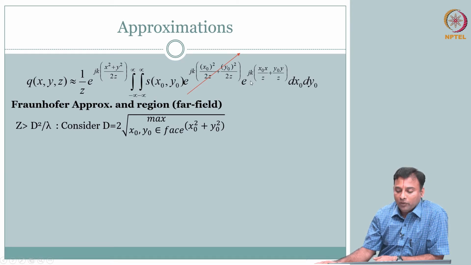So quickly you will recognize you have a form where x naught, y naught is there, you have an exponential, and your running variable is also x naught, y naught here.